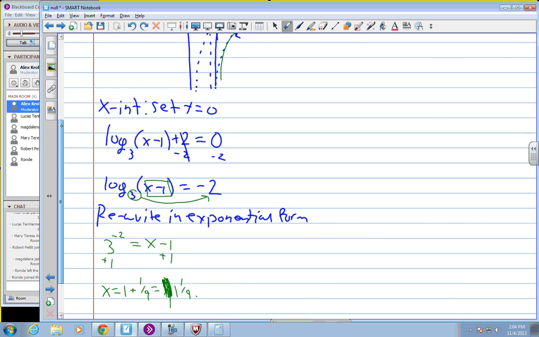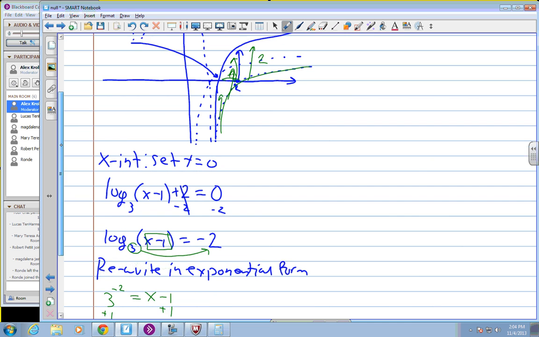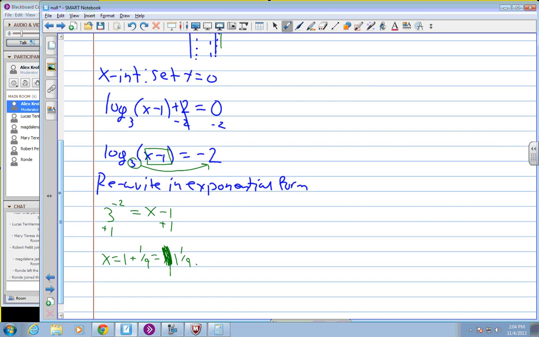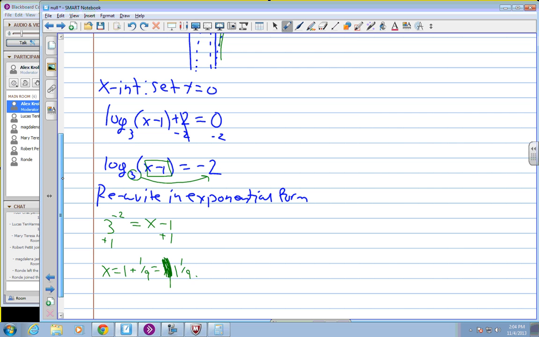Every change here was up 2 units, right? It went up 2 plus 2.